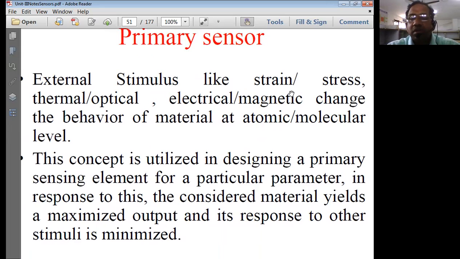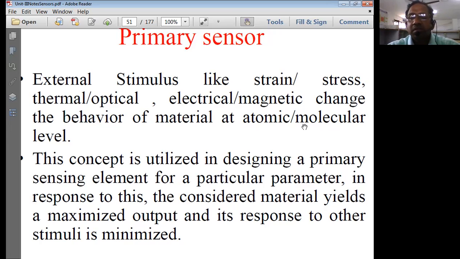These input changing signals are applied to the sensor, and are used to change the behavior of the material at atomic and molecular level. So the primary sensor changes its molecular or atomic behavior for the given inputs, and gives an output behavior. That is nothing but a primary sensor.